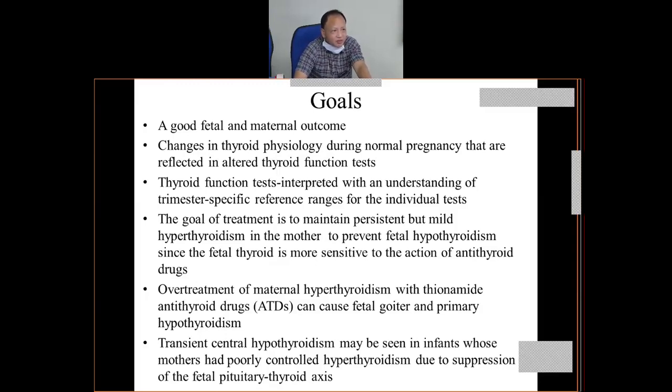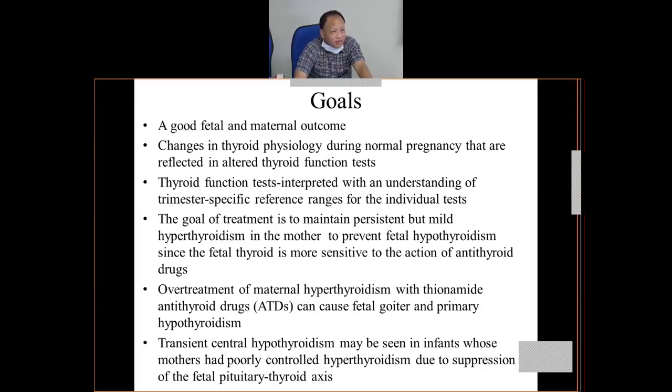The goal of treatment is to maintain persistent but mild hyperthyroidism in the mother to prevent fetal hypothyroidism. You want a very subclinical type of hyperthyroidism, since the fetal thyroid is more sensitive to the action of the antithyroid drugs.